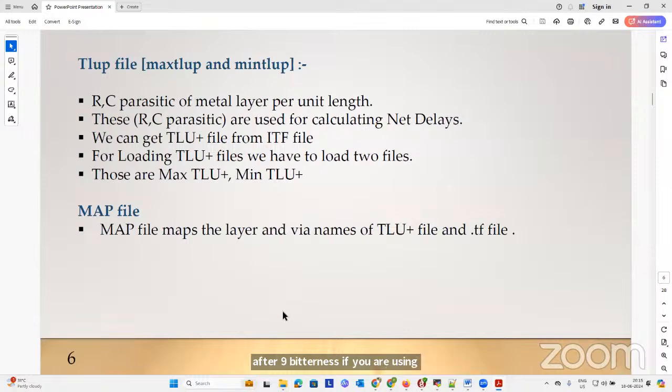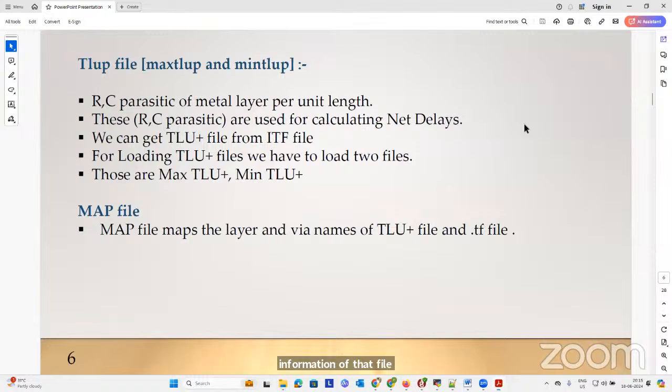For via information, there is the metal 7 to metal 8 via, or the metal 5 to metal 4 via. If you want to connect metal 4 to 7, for example, we have to draw vias from 4 to 5, 5 to 6, and 6 to 7. This is the information the map file has.